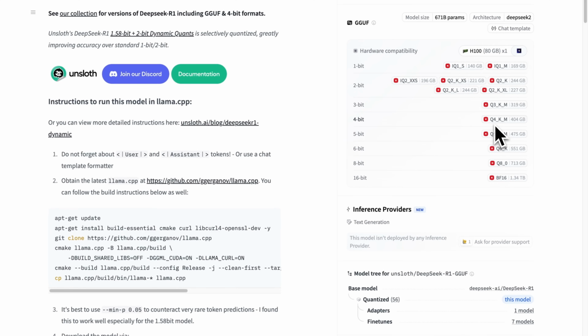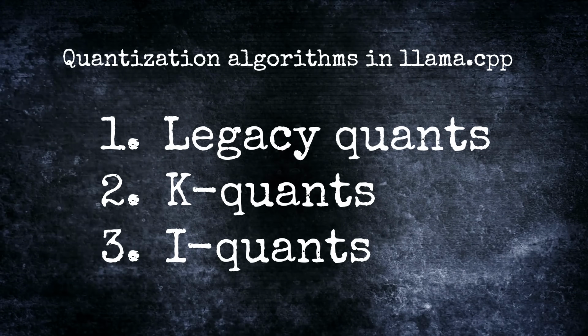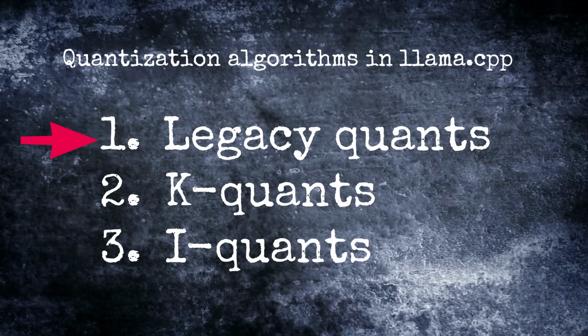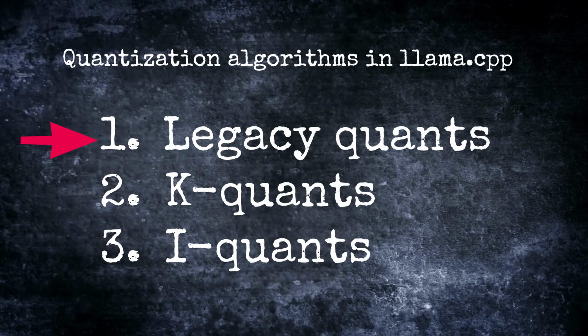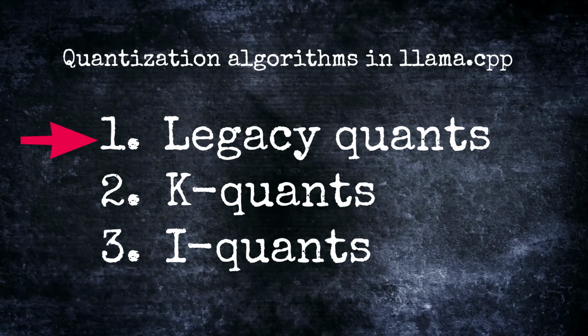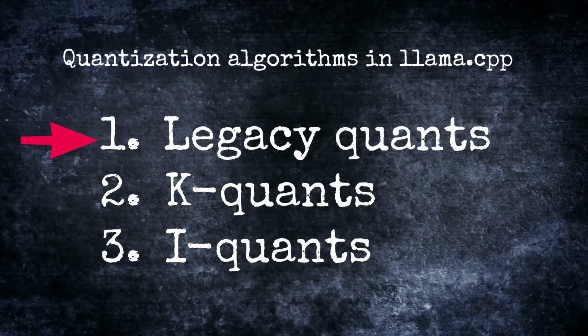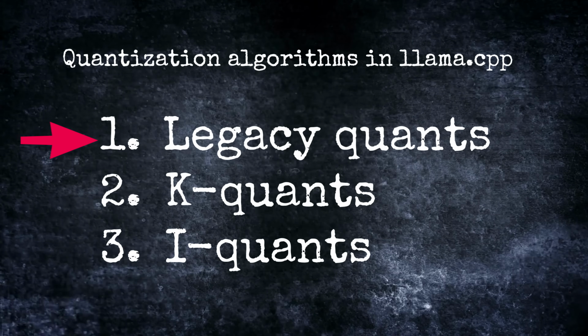The Q part tells us the bit width. For example, Q4 means the weights are stored as 4-bit integers. So let's start with legacy quants. Even though they're deprecated as a standalone quantization method, they're still relevant because later versions build on top of them rather than replace them.